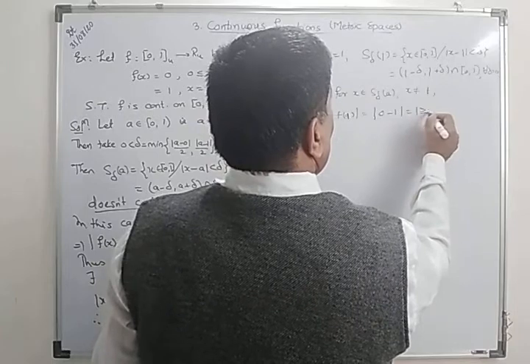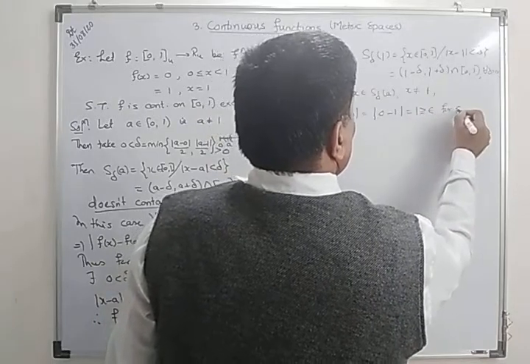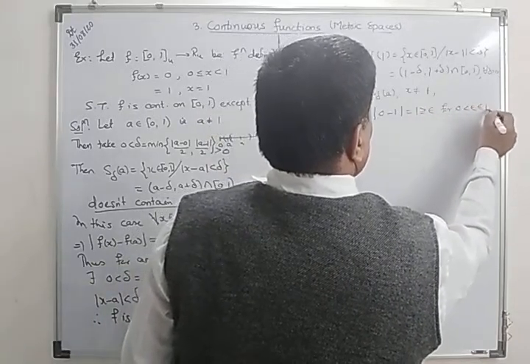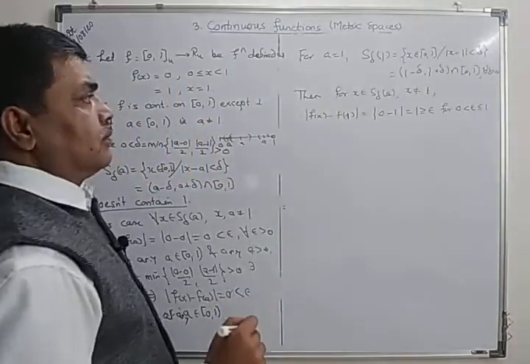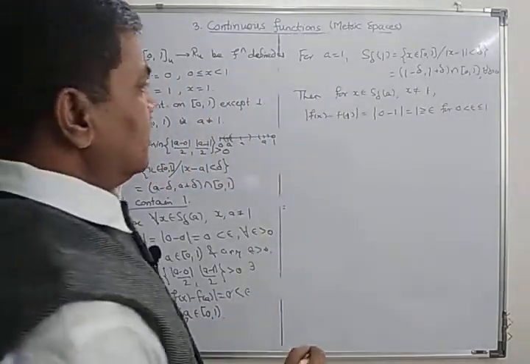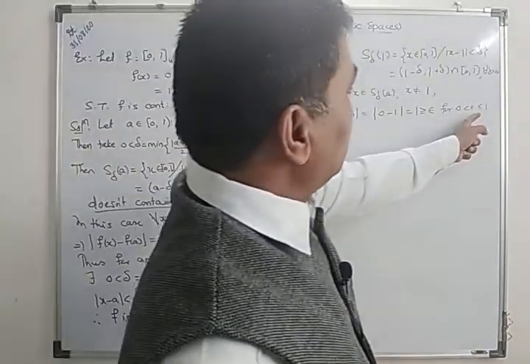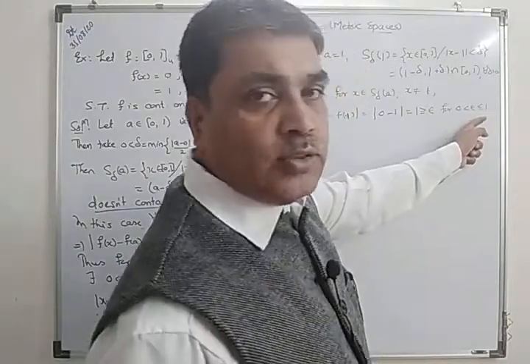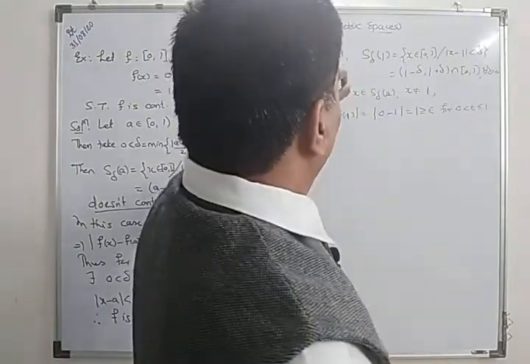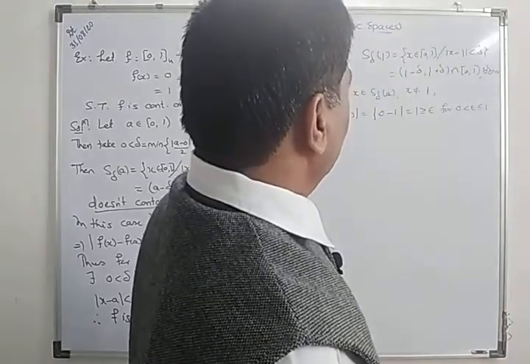This is greater than or equal to epsilon for 0 less than epsilon less than or equal to 1. Okay. So for epsilon is equal to half, epsilon is equal to 0.9, any delta greater than 0.